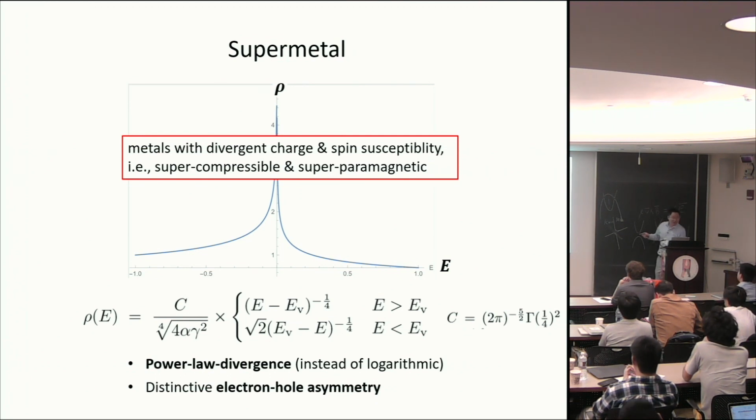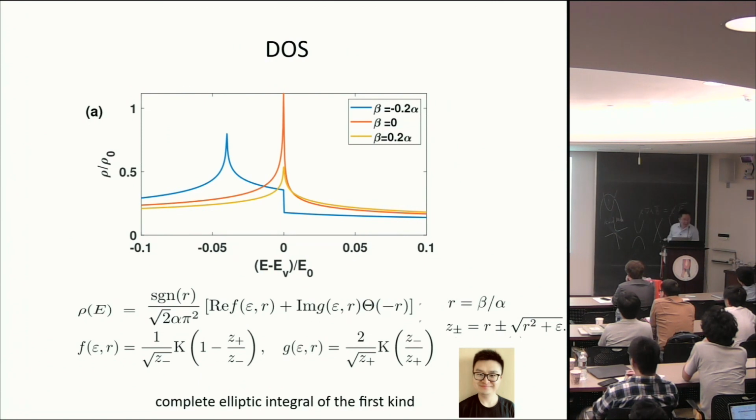Another way to think about it is that metals have finite charge susceptibility and spin susceptibility. But with a divergent density of states, the charge compressibility is infinite and the spin susceptibility is infinite. In that sense, this is super compressible and also super paramagnetic. That's why I call it a supermetal. Anyway, leaving names aside.